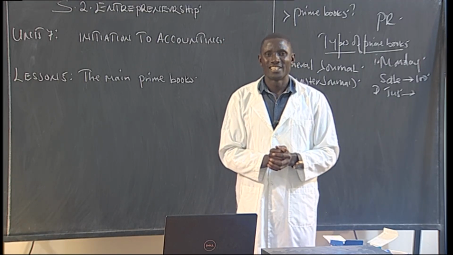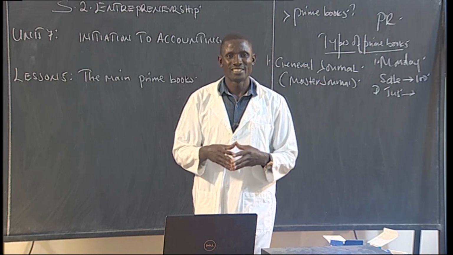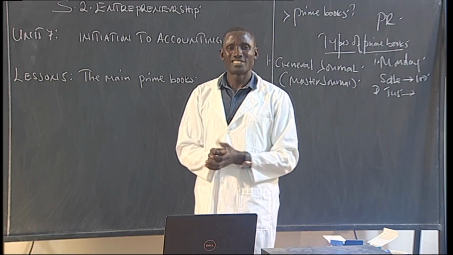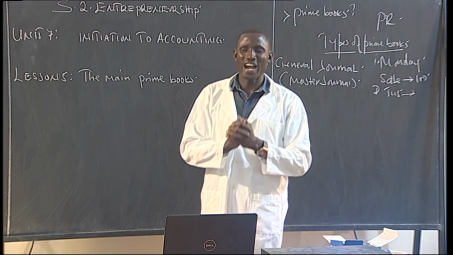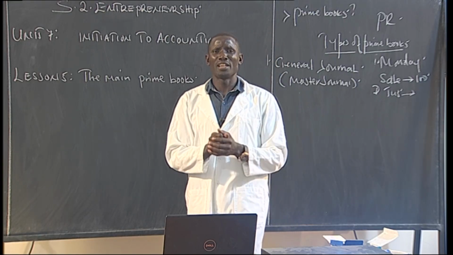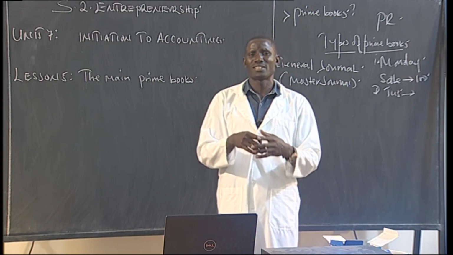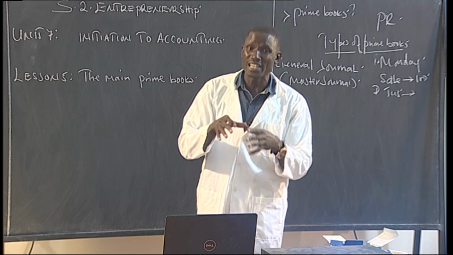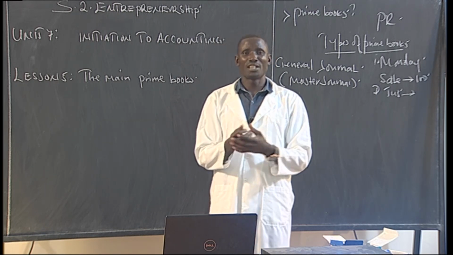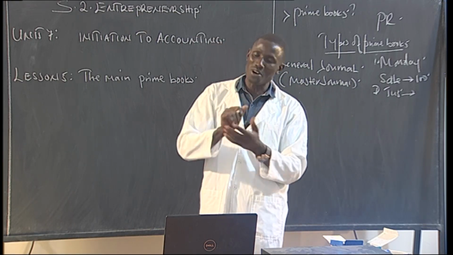Another example, houses, cows, dogs, all those, they are your assets. Are we together? Then when we talk of intangible assets, these are assets that you cannot feel and touch. For example, giving a service, like teaching. It is an intangible asset.